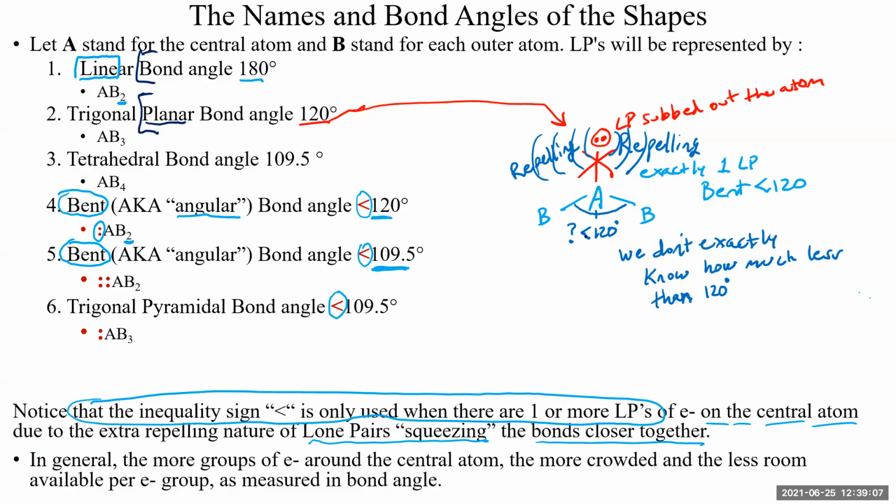Now, if we wanted to know exactly what the bond angle is, we'd have to perform an experiment called X-ray crystallography. X-ray crystallography, like I mentioned earlier, is when you shoot X-rays at molecules. You get a bunch of molecules, usually in the solid state in a powder form, sometimes in liquid form, and you shoot X-rays. Those X-rays hit the molecule and then bounce off.